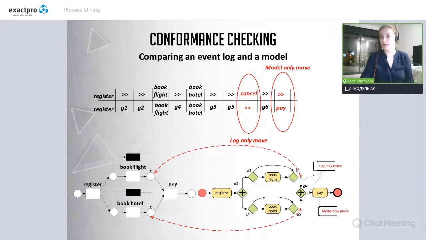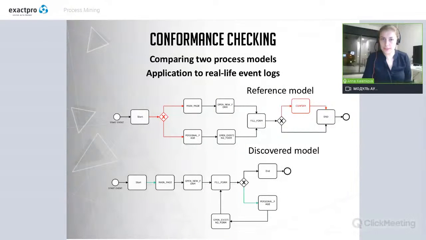That means that in our model something should have happened, but we can't see it in the event log. That's a problem. So this is another error, another deviation from the expected behavior. So this is one way we can do conformance checking.